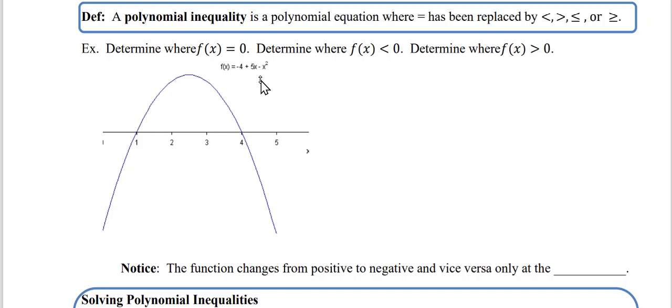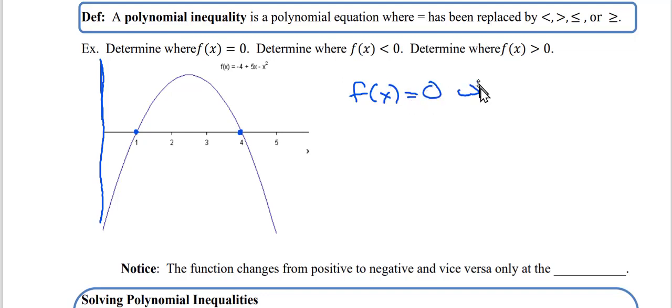The y-axis is here at 0, and so we want to know where the function, or where y, is 0. Well, remember, that's at these x-intercepts. So f of x equals 0 when x is equal to 1, or when x is equal to 4. That answers the first question.